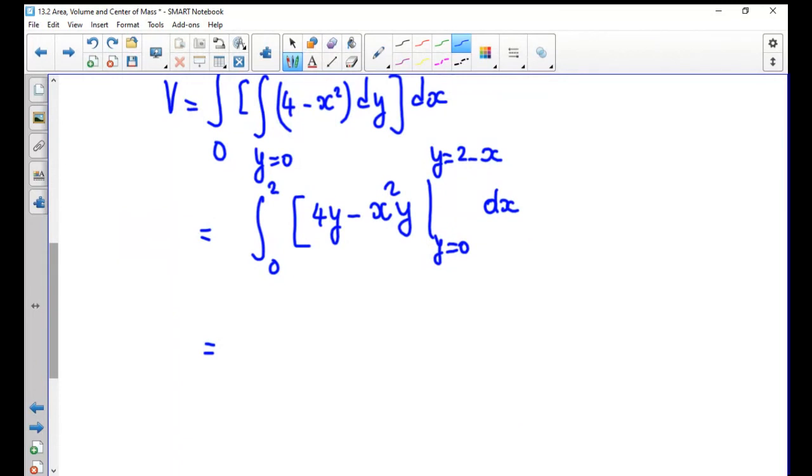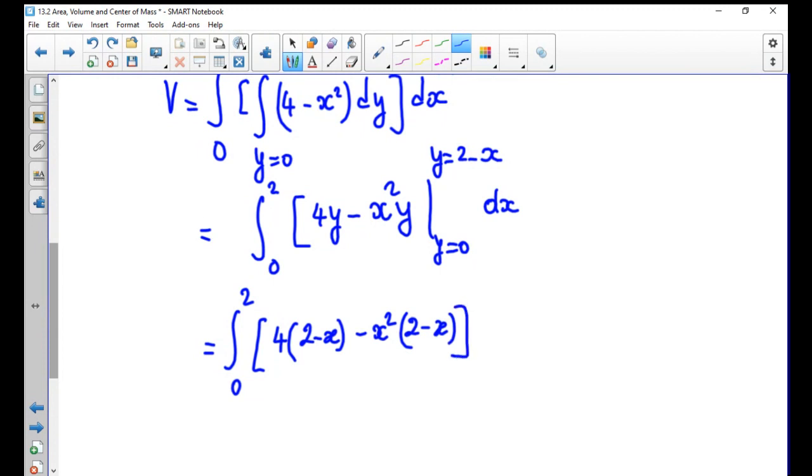Okay. So substitute first. So we need to substitute. It's going to be 4 times 2 minus x minus x squared times 2 minus x.